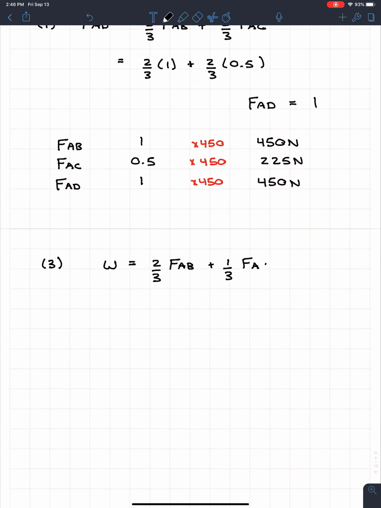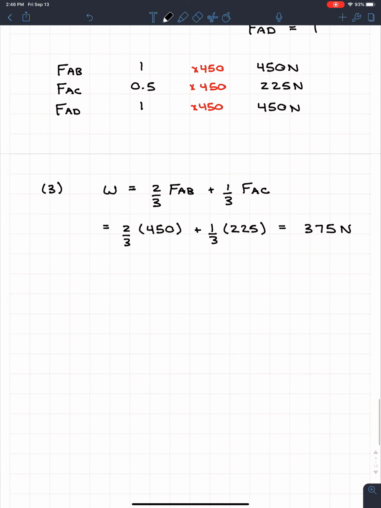And since I know the values of FAB and FAC, I can just substitute them right in. So it's going to be 2/3 of FAB, which we know is going to be the 450, plus 1/3 of FAC, which is 225. And we substitute all that in, we're going to get 375 newtons. And that's the end of the question.